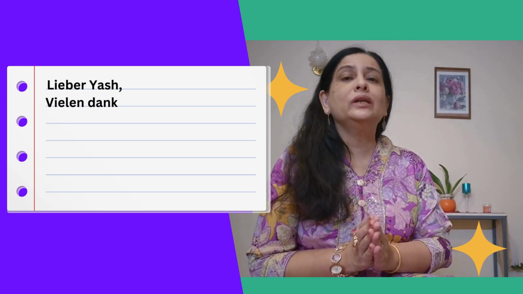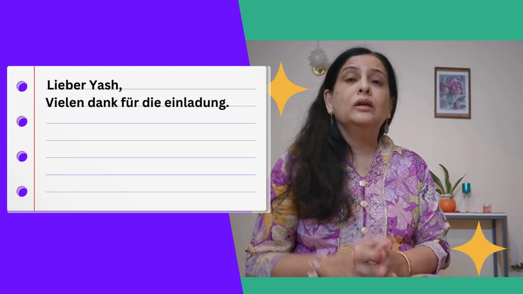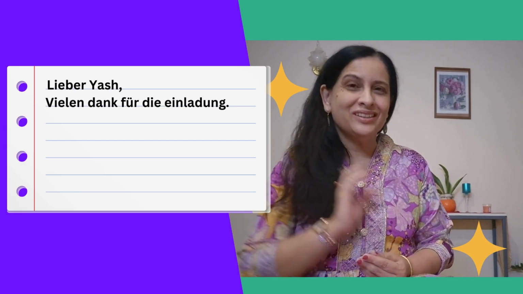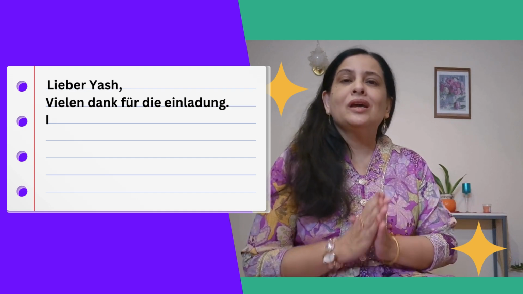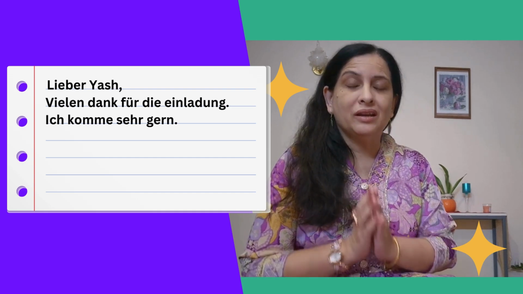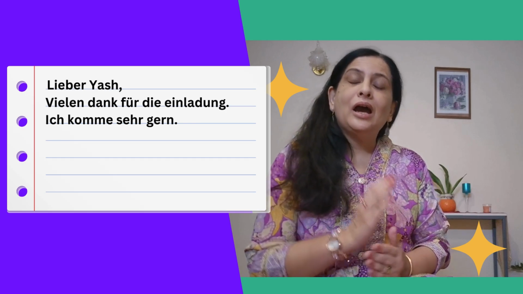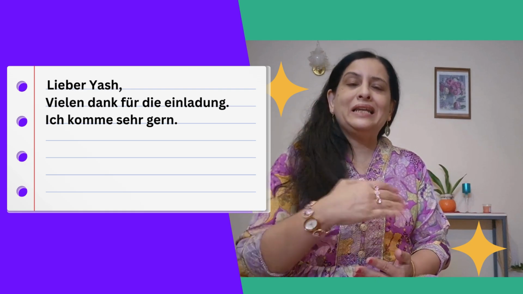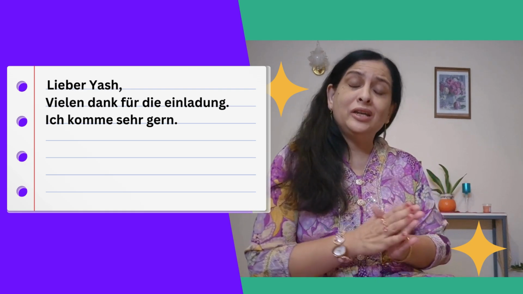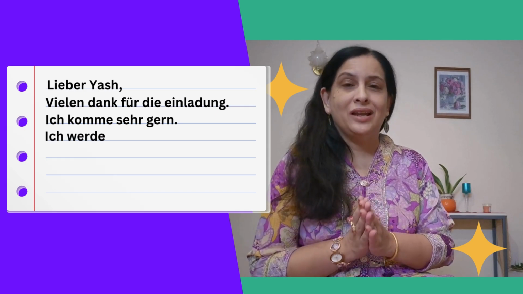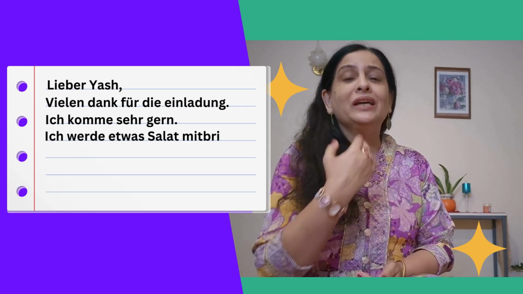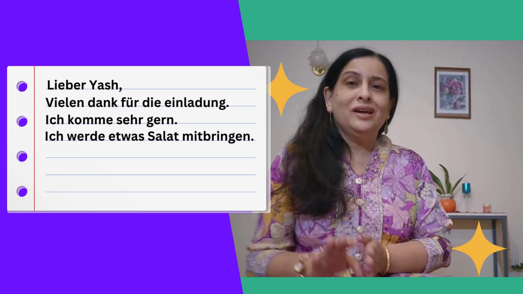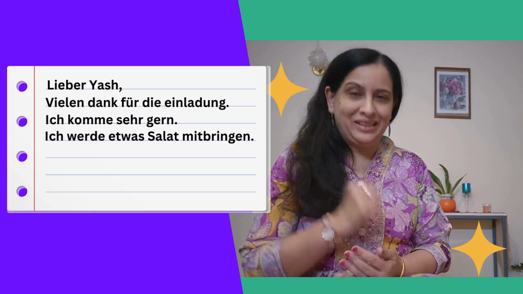Vielen Dank für die Einladung, meaning thank you very much for the invitation. Einladung is invite. Then comes Ich komme sehr gern, meaning I will surely or definitely come. And the last sentence will be Ich werde einen Salat mitbringen, meaning I will bring salad with me. So this is the response to the main letter.